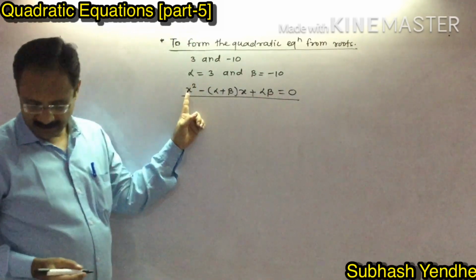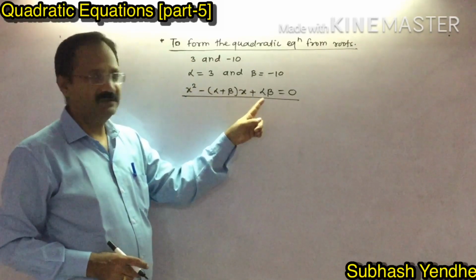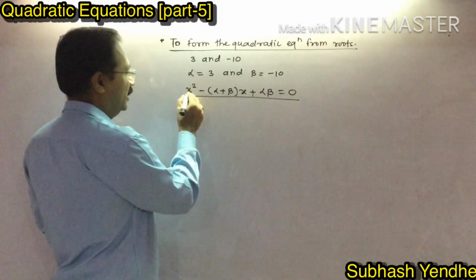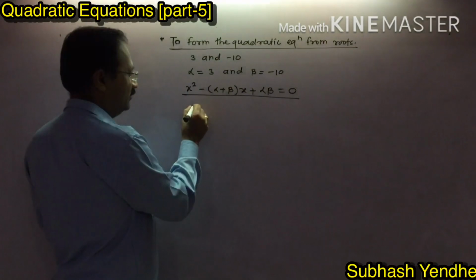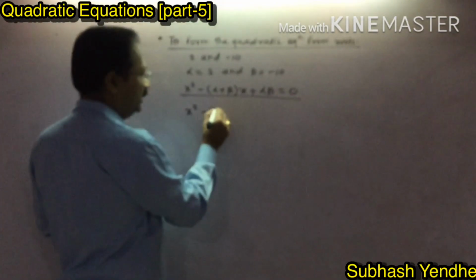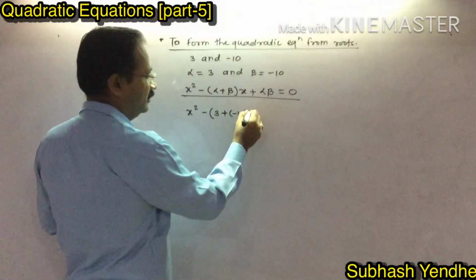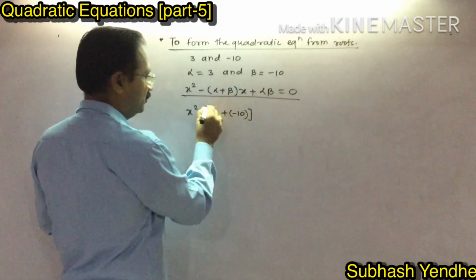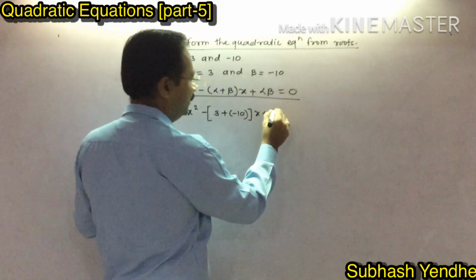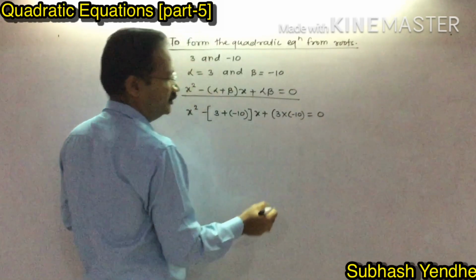Now substitute the values. x square will be as it is, minus (alpha plus beta), 3 plus in bracket minus 10, again you have to write x, plus alpha beta, it means 3 into minus 10, equals 0.